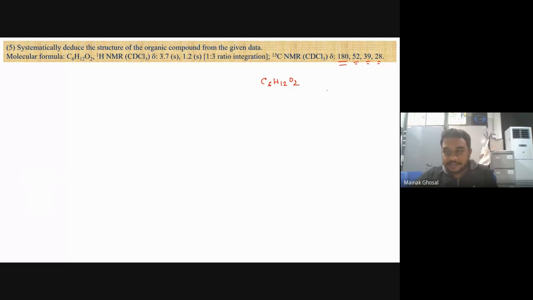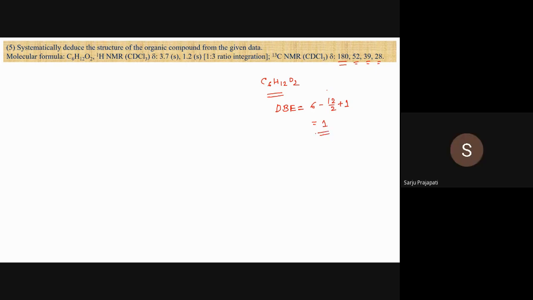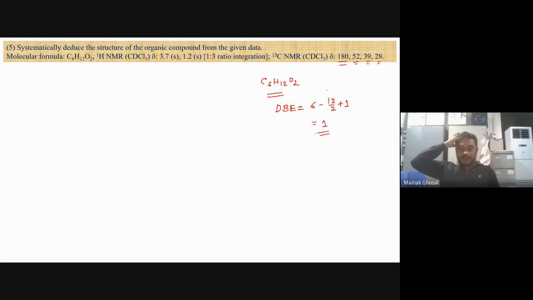Now what should be the double bond equivalence? It is 1. So there is one double bond or equivalent kind of system present in the molecule.